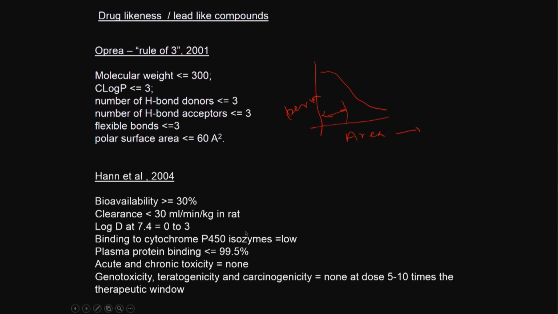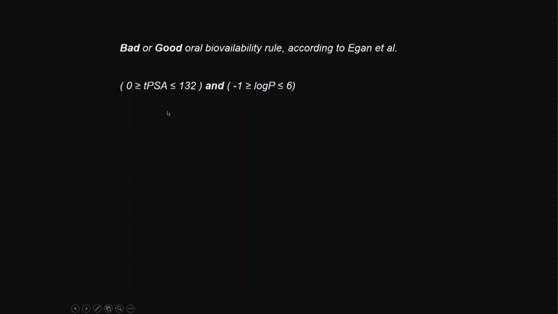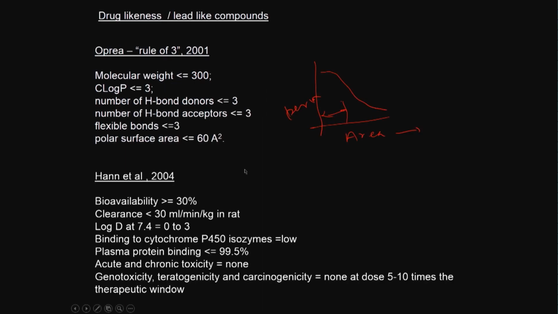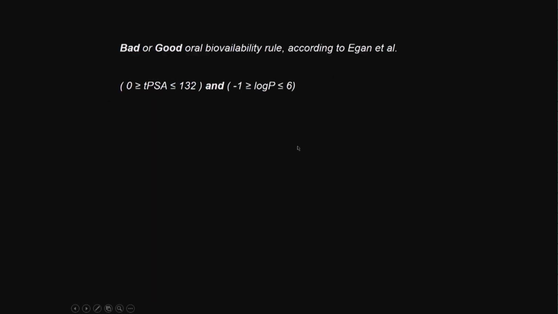Here you have the Oprea rule of 3 for drug likeness. There is another rule called Egan et al. They say bad or good oral bioavailability rule. Okay, so they say total polar surface area should be less than 132. So 132 may be falling here, a little bit more, whereas the Oprea rule is very stringent, less than 60.